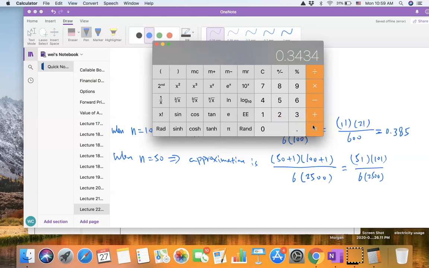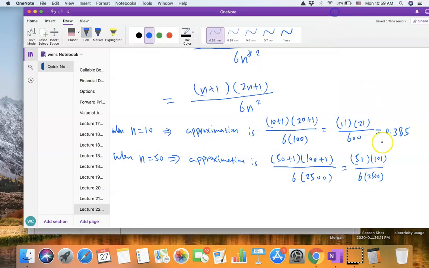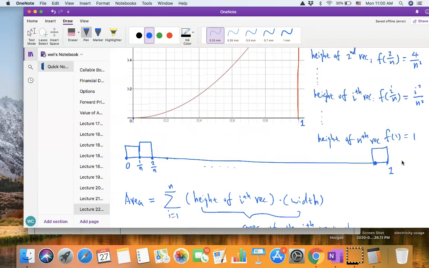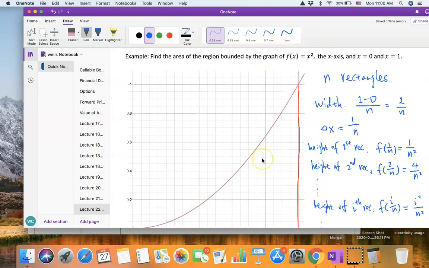So it's 0.3434. We can say when I increase the number of rectangles, the approximation improves, right? Now remember, our goal is to find the exact area.